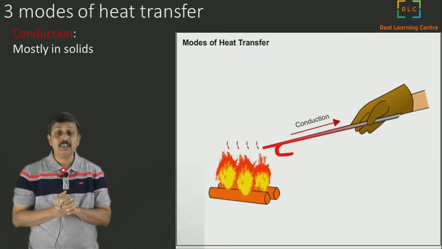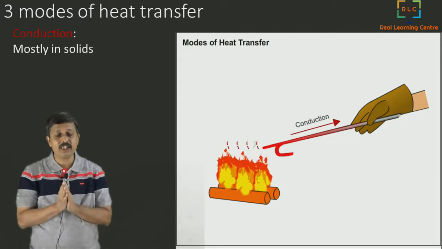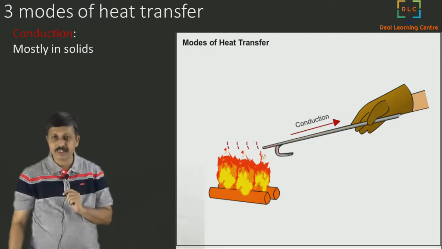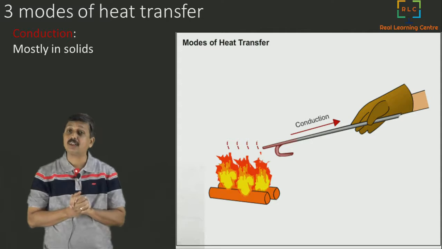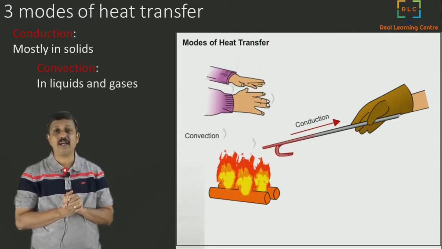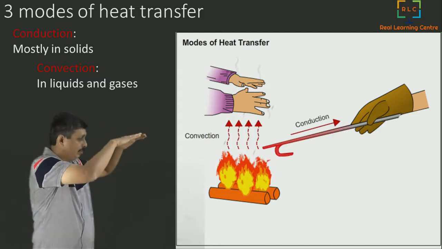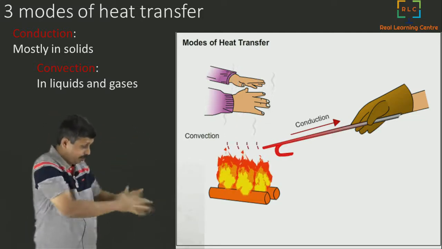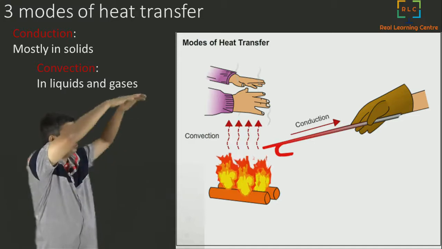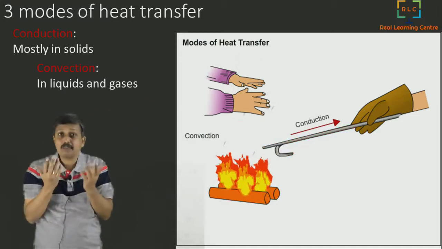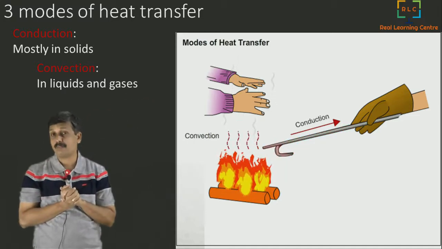Now let us see what happens if, instead of holding the stick, I keep my hand on the top of the fire. If you take it very near, you quickly get burned. If you take it a little higher, it is slower, but it will heat up your hand quite fast, in fact.